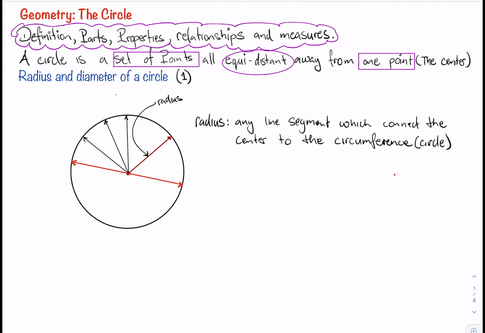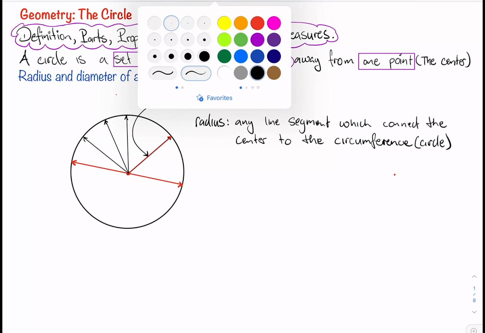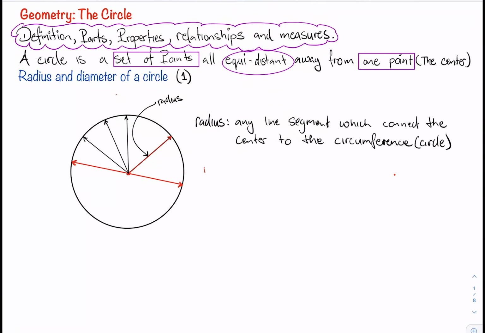Once we have more than one radius, we refer to that as the radii. That's very important. Persons always think that the plural of radius is radiuses, but it's actually radii.